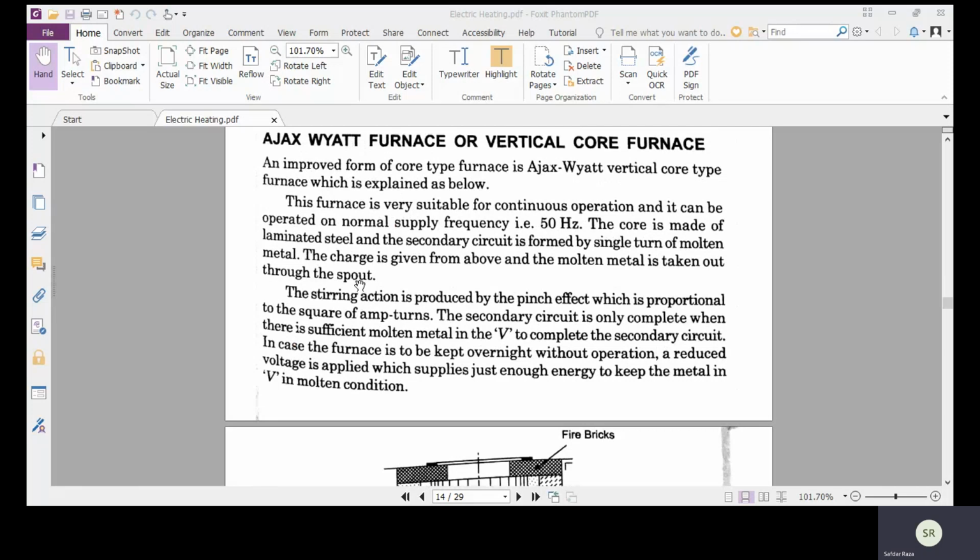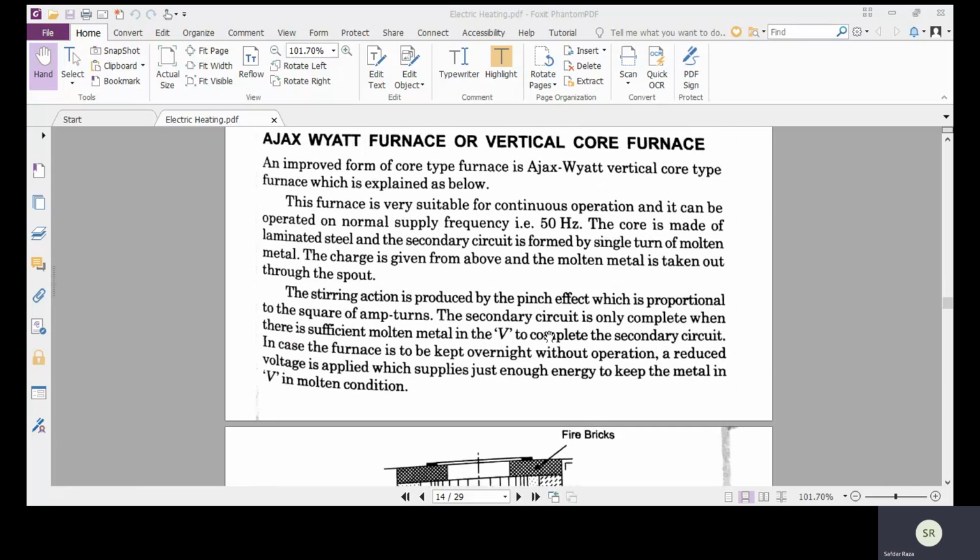We put the charge in from the upper part and take the molten metal from the bottom. The stirring action is produced by the pinch effect, which is proportional to the square of ampere turns. So in this scenario, automatic stirring action takes place based on the phenomenon of pinch effect.